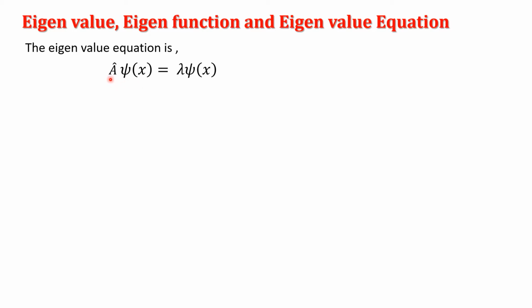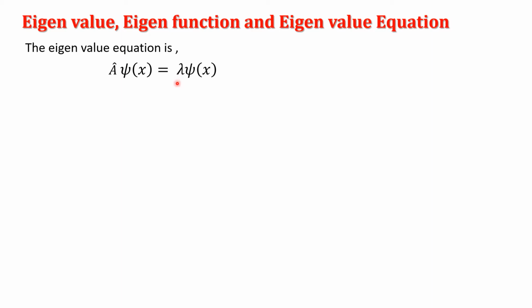If the operator operates on a function psi of x, then we get a similar function, meaning the function remains as it is, it doesn't change, and it is multiplied by a constant term.